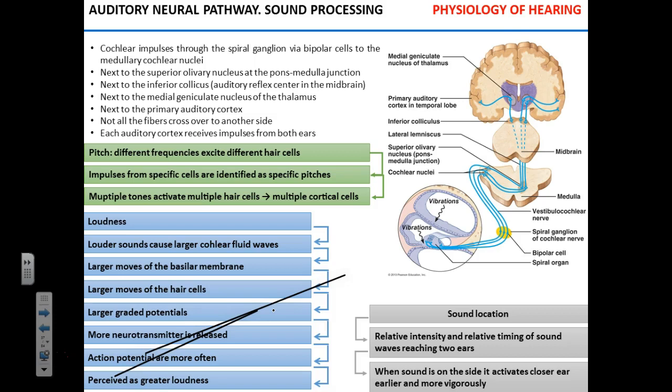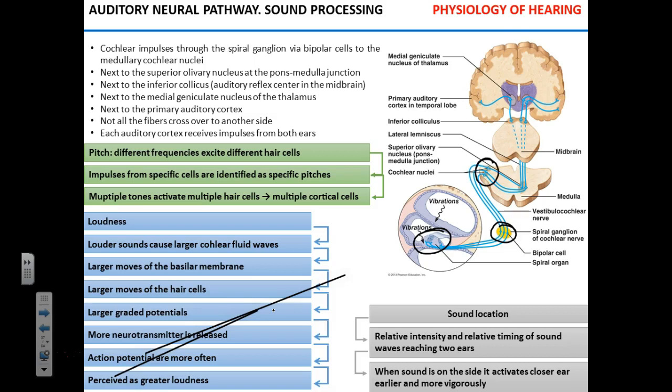The route. So bipolar cells in the spiral ganglion receive the input from the spiral organ, okay, and then transmit that input to the cochlear nucleus.